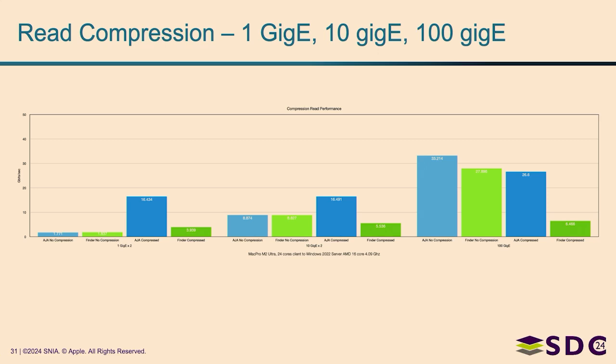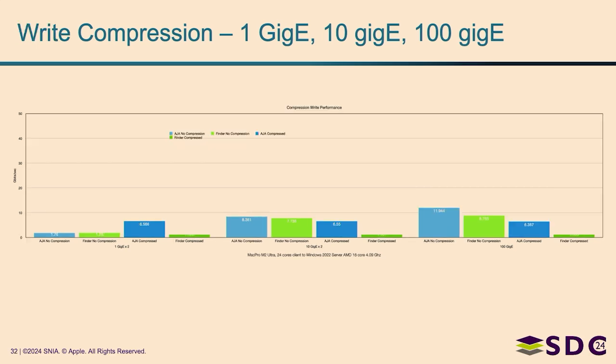So that was read compression. This is write compression. Again, it's just showing you that for slow networks, yeah, it's helpful. But the Finder files were more like text files, and even with text files, we didn't get that much savings in compression.